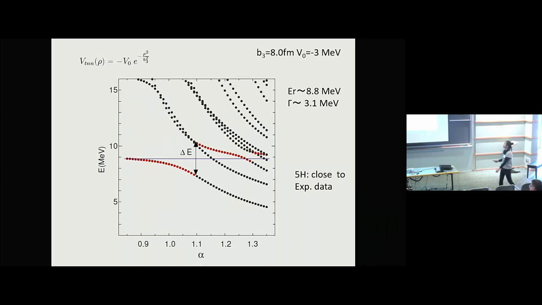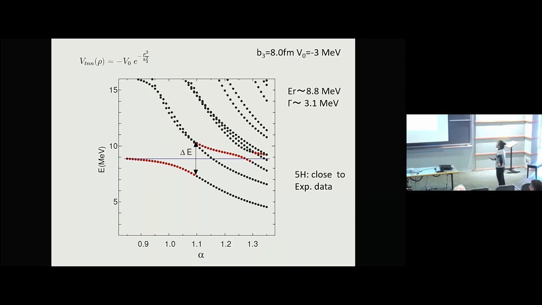Then this is my result, in the case of V3 equal 8 femtometer and V0 equal -3 MeV. This is the scaling parameter, and here is the energy with respect to the triton plus 4n breakup threshold. You can see that here we have a stable energy.